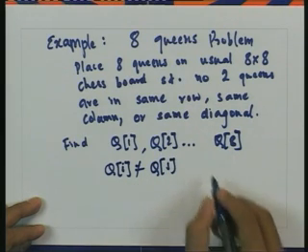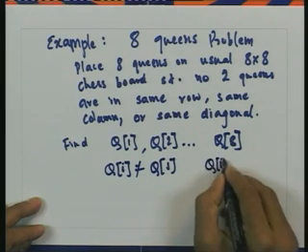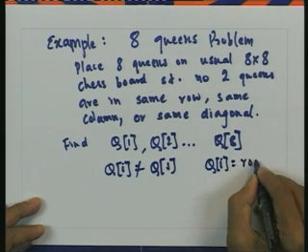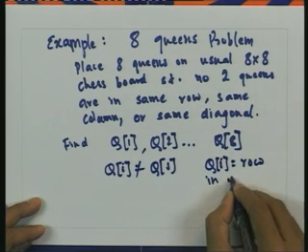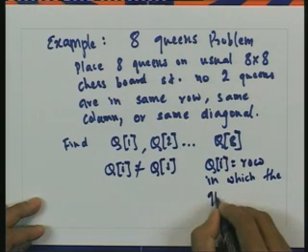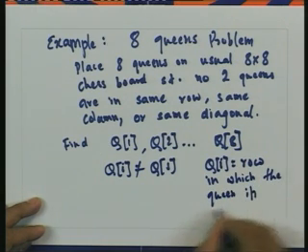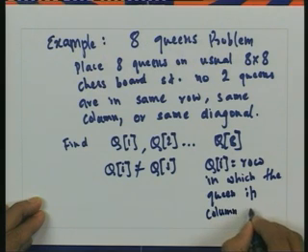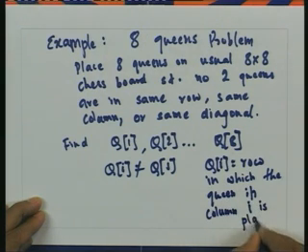Interpret Q of i as the row in which the queen in column i is placed.